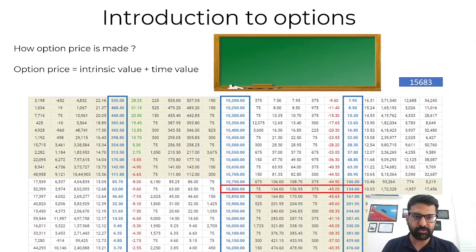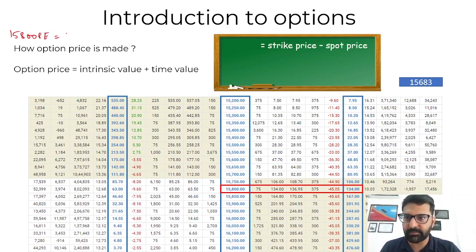Now let's also look at how to calculate intrinsic and time value on the put side. Okay. So in case of the put side, now we're talking about the 15,800 put, right? For the 15,800 put, the total premium is 134 and the intrinsic value, as the formula suggests, will be the strike price minus spot price.